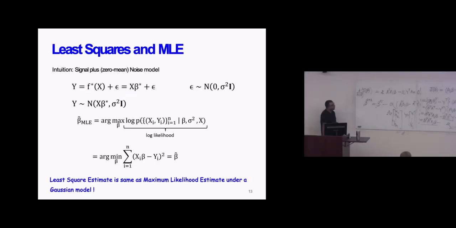So now the question is, remember in logistic regression, we didn't talk about least square. Here we are minimizing the square difference. But in case of logistic regression, what did we try to do?